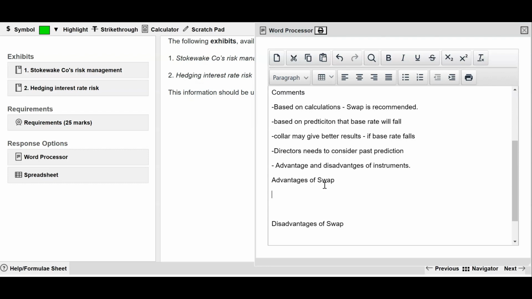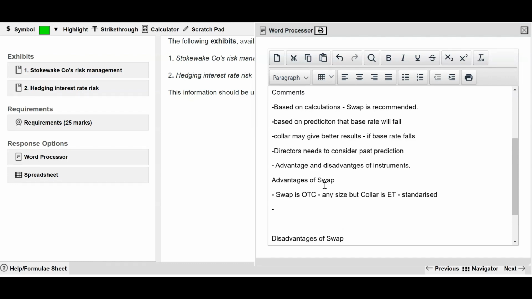So what could be the point? We could say that swap is OTC, over the counter, and it could be in any size. It could be tailored according to our needs, but the collar is exchange traded and hence standardized, which is a big problem.